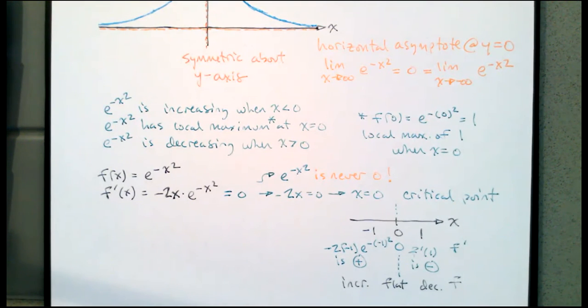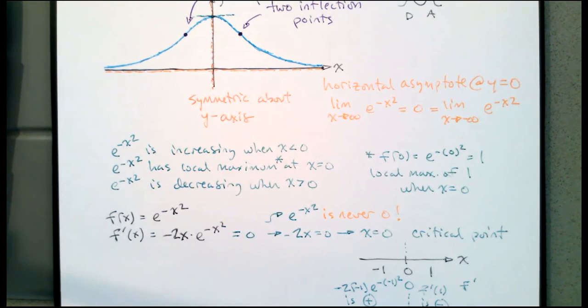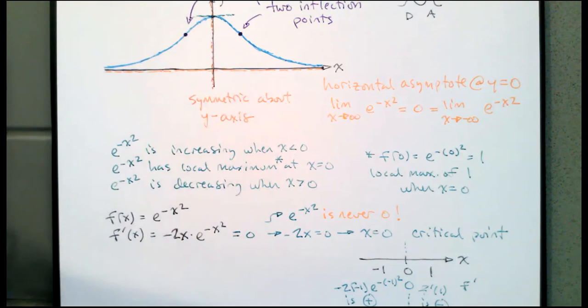So that means we have a local maximum at 0, just like we suspected. Remember, doing this calculation was not about finding the critical point and determining it was a local maximum, but making sure that the calculus matches up with what we are observing about the function.